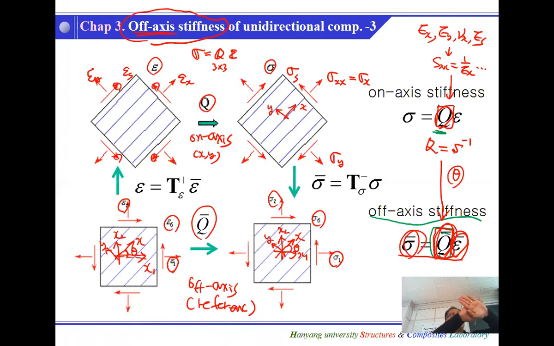Laminate means all the layers. This one you can call one ply. This is just one ply, and if we have many plies, then it is called a laminate.